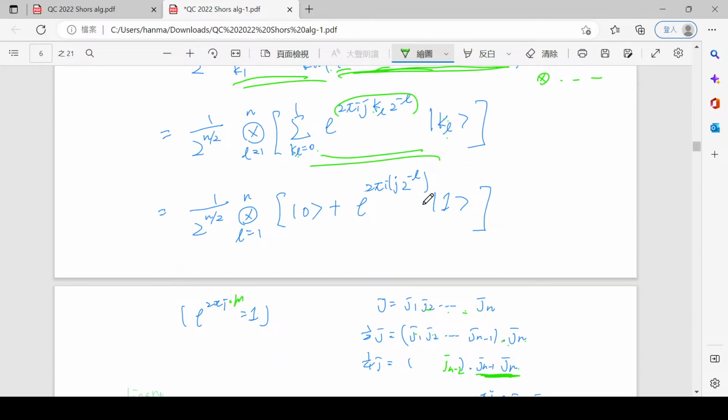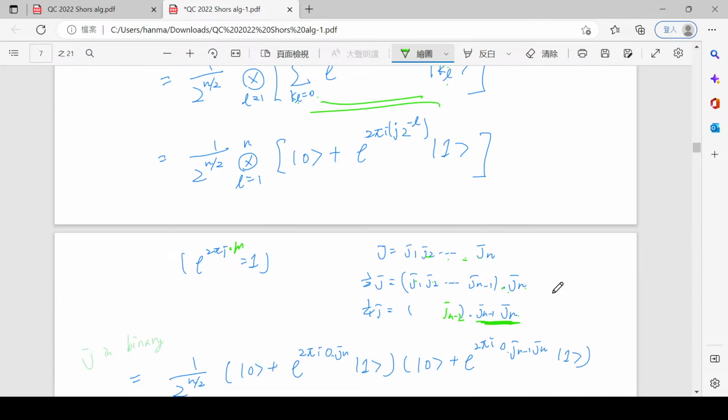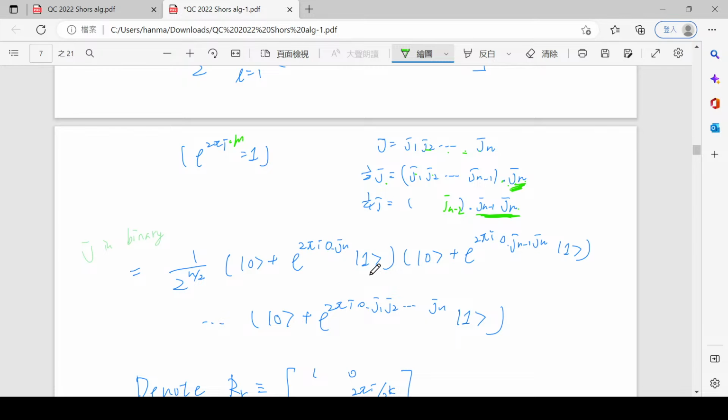So the first one, when l equals 1, then you have J divided by 2 equal to this thing, and we say this dot Jn is the only mattering factor, so you have 0 dot Jn here. And then for l equal to 2, you have this 0 dot Jn minus 1 Jn.